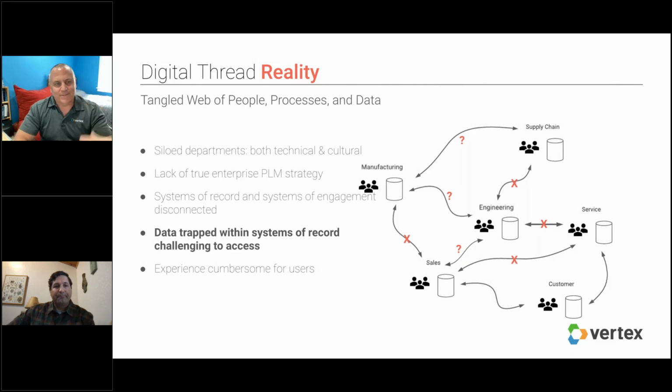Similarly, you have data trapped within these systems, and it's challenging to access. Even if the information is in a disconnected system, the individual may have access to the data, but it's hard to get, or they're infrequent users, or the user interface is not built in a way that makes their job easier to do.